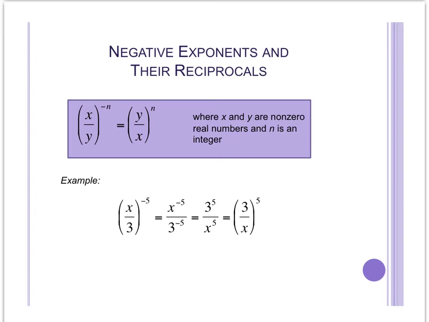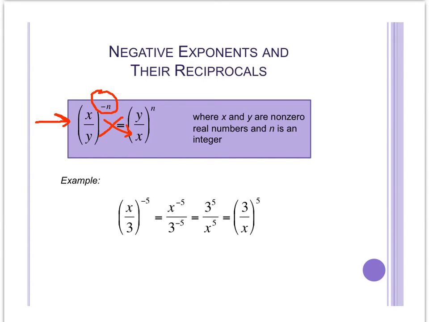The other rule we want to look at is negative exponents and the reciprocals. So if you ever have a quantity, such as we have here, raised to a negative exponent, what eventually will happen is you take whatever was in the numerator, and that now becomes the denominator, and vice versa.